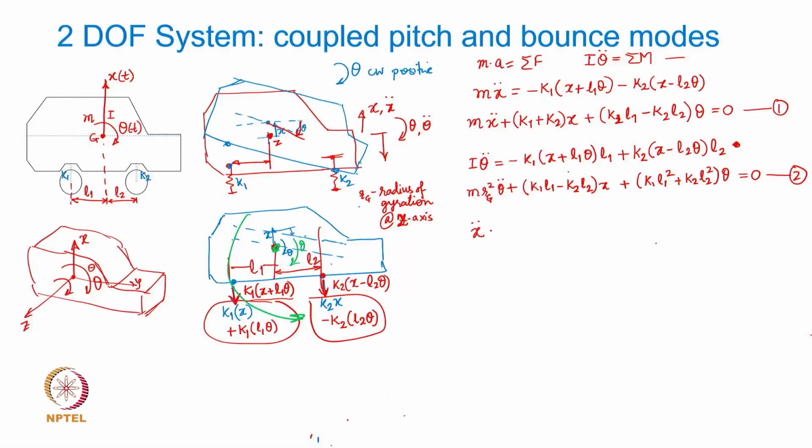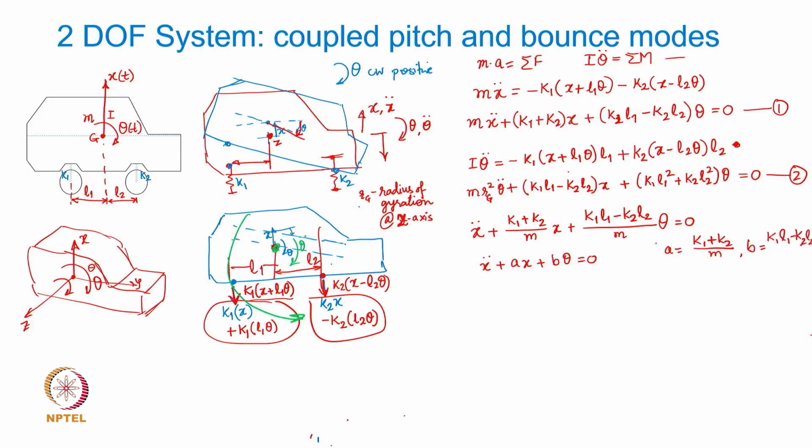So now I rearrange equation 1 here, and then I have x double dot plus k1 plus k2 upon m x plus k1 L1 minus k2 L2 upon m theta equal to 0, which in a simple way I might write as a x plus b theta equal to 0, where a is k1 plus k2 over m and b is k1 L1 minus k2 L2 upon m.